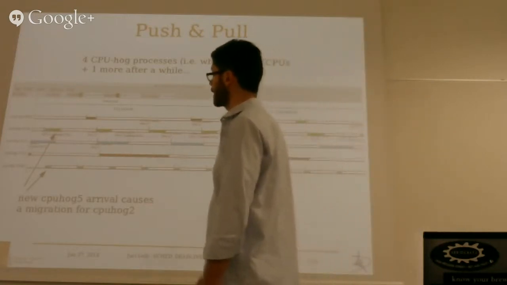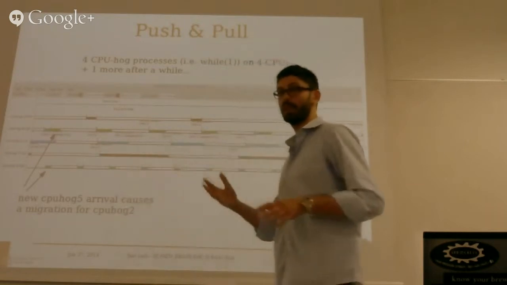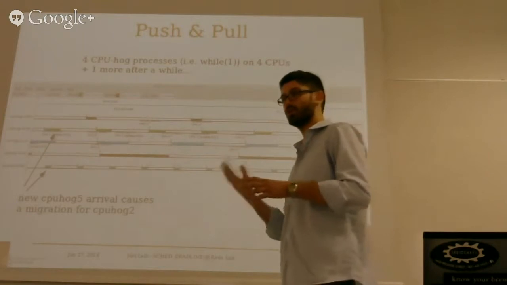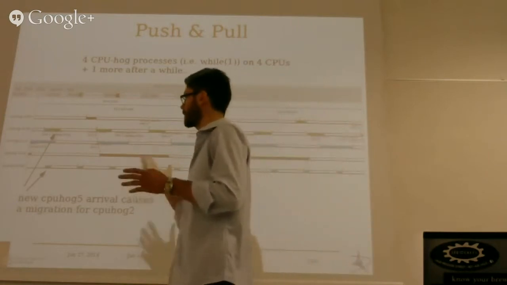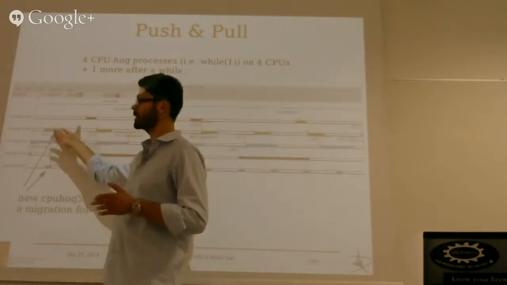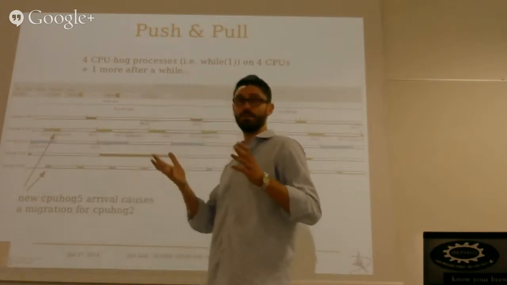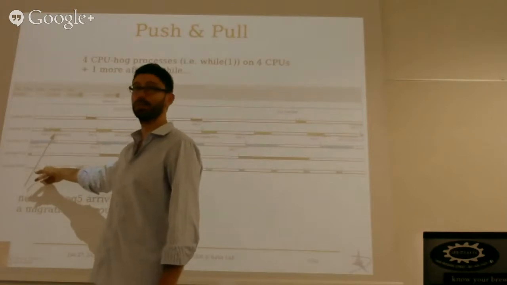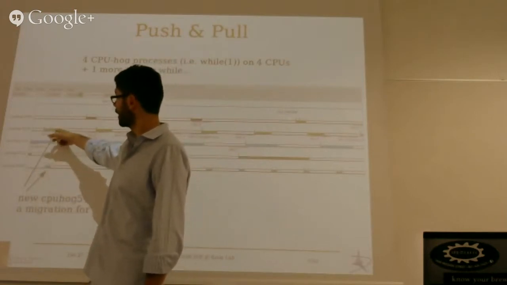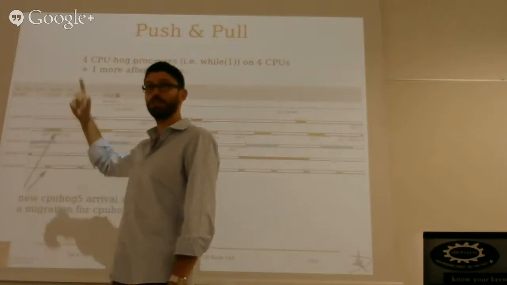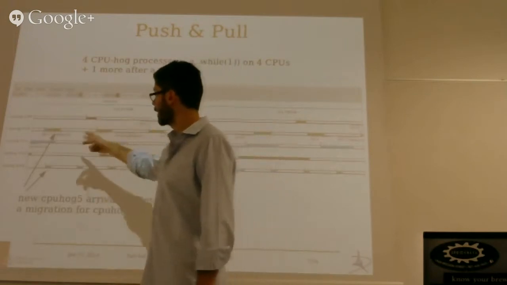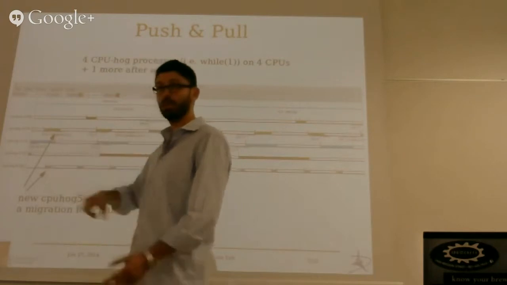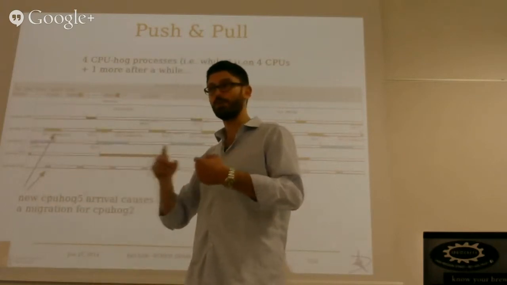Basically, instead of waiting for a time slot or some instant to perform load balancing, you try to do load balancing at every instant when something happens. In this case, for example, the activation of this task on a run queue causes migration of tasks, so this task is actually pushed on some other run queue.